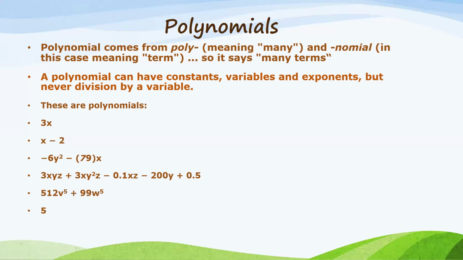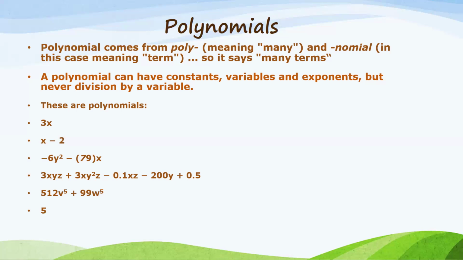What about the last term? The last term is written 5. But where is the variable? The variable is hidden. When there is no variable written, students, we all know that it means the variable is containing the power 0. 0 is a non-negative number, right?